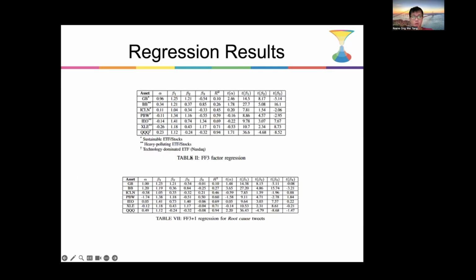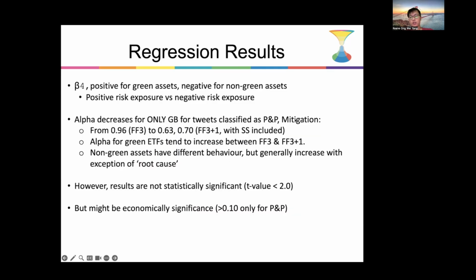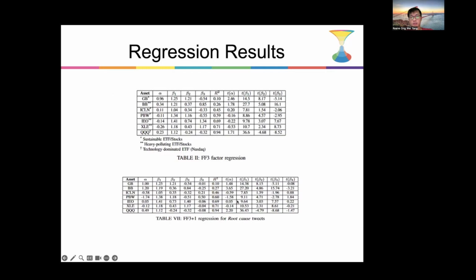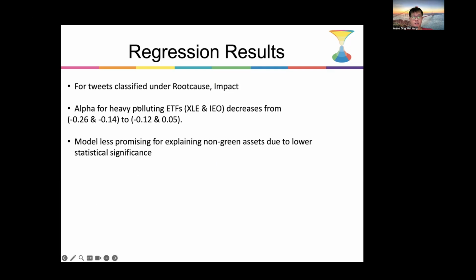So these are just more regression results on the different topics. So when we see that the regression on the climate change scores for mitigation actually shows some interesting results. For these other regressions, we don't really see as significant results for green assets.